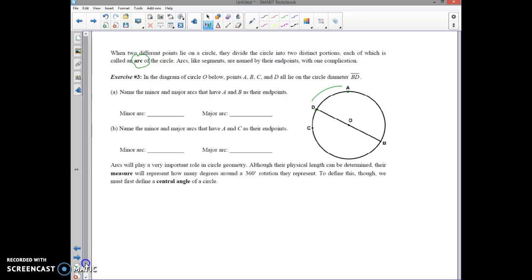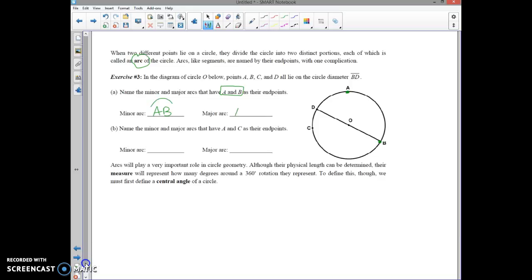In the diagram of circle O below, A, B, C, and D are on the circle, and BD is a diameter. It says name the minor arcs and major arcs that have A and B as their endpoints. So basically we're focusing on these 2 points. The minor arc is arc AB.